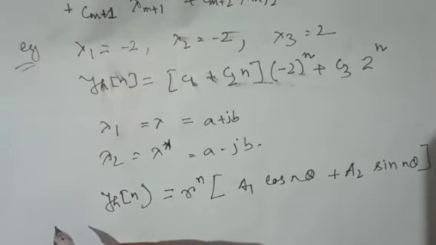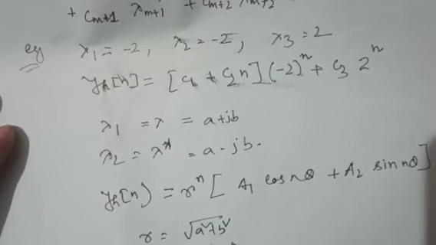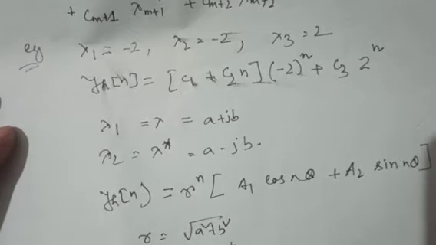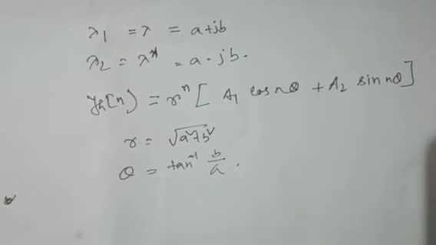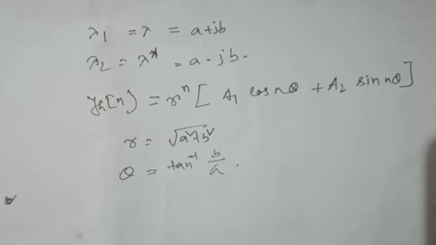Where this r will be nothing but square root of a square plus b square, and theta is the arctan of b by a, tan inverse of b by a, and a1, a2 are any constants. So this is how we do for the natural response in general.